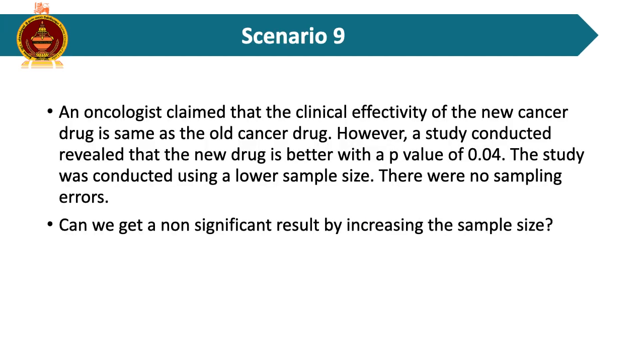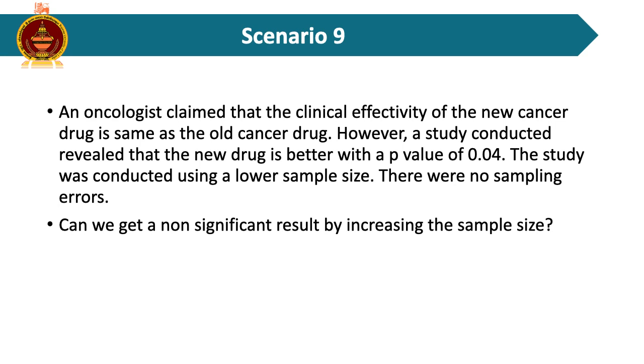Scenario 9. An oncologist claimed that the clinical effectivity of the new cancer drug is the same as the old cancer drug. However, a study conducted revealed that the new drug is better, with a p-value of 0.05. The study was conducted using a lower sample size. There were no sampling errors.